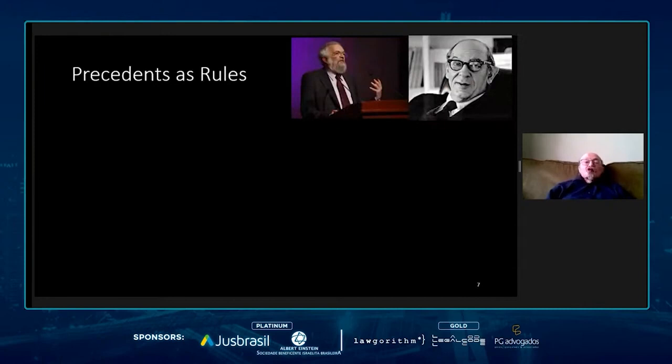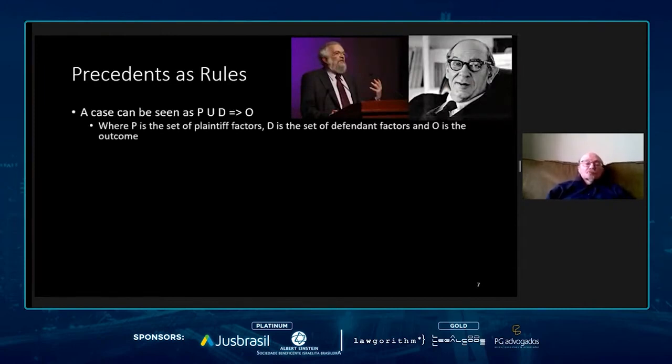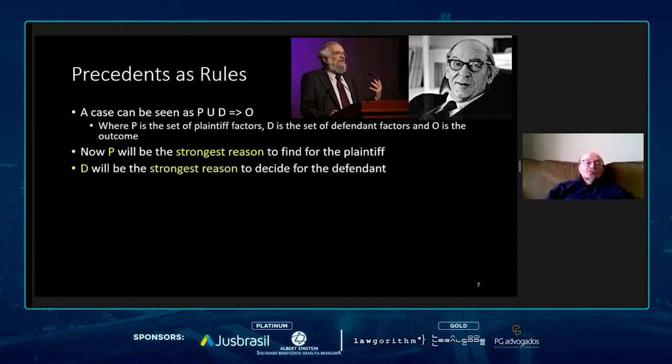So now we consider how we can write precedents as a set of rules. A case can be seen as P union D implies O, where P is the plaintiff factors, D the defendant factors, and O the outcome. So P is the strongest reason assigned to the plaintiff.